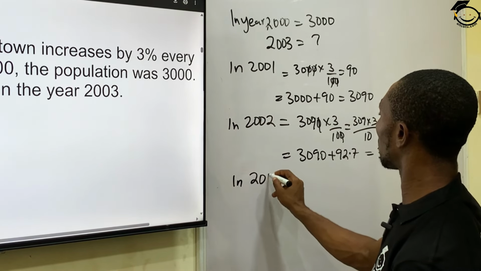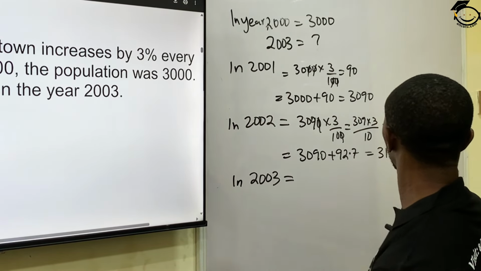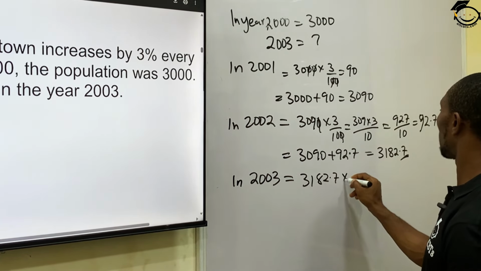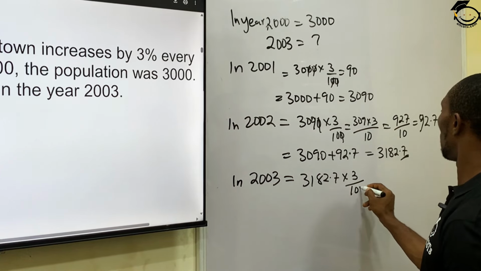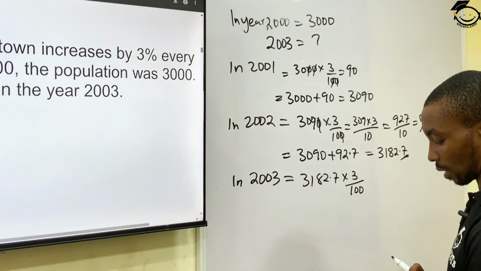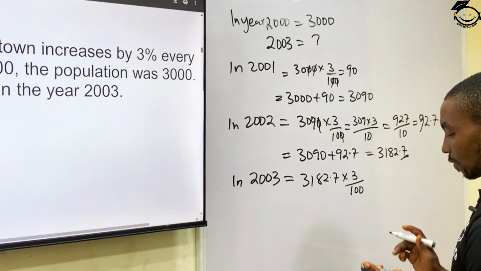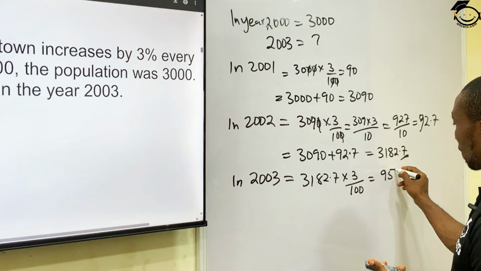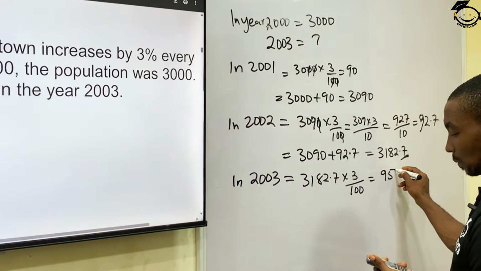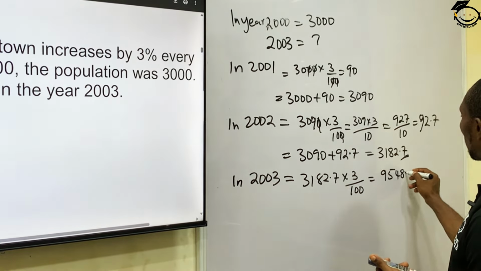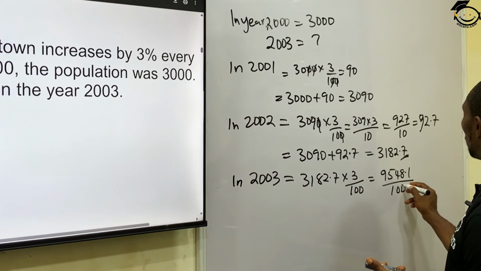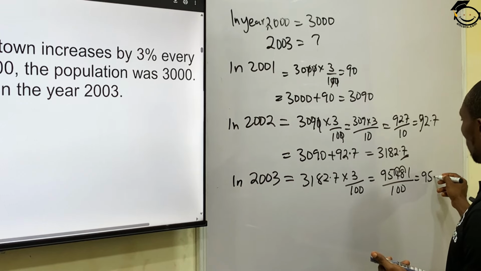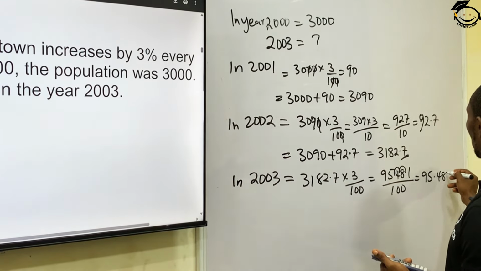Now, in 2003, our population will become 3,182.7 times 3 all over 100. If we have that times 3, that will give us 9,548.1, divided by 100 will give us 95.481.